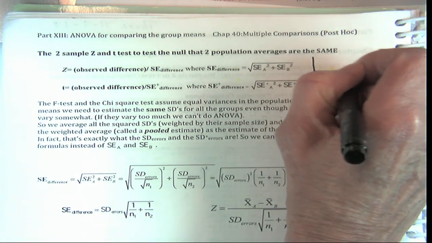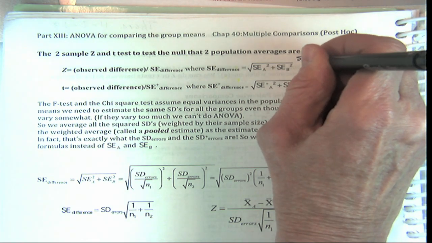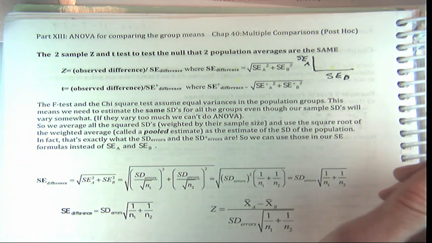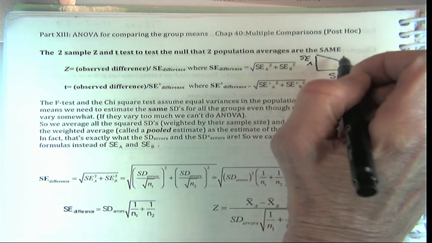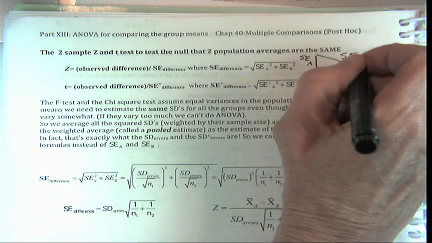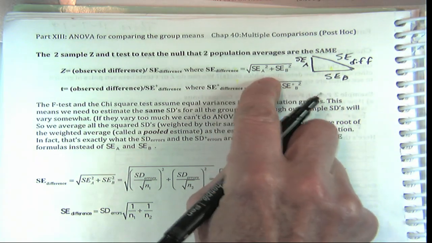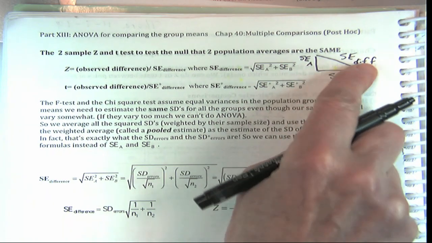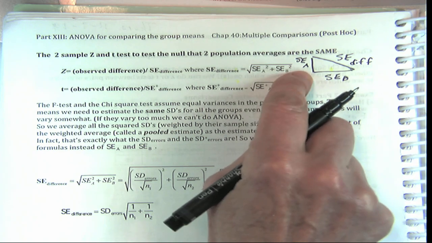You combine these, the standard error from one, let's say from A, and from B, we did this before just with our two samples z-test, and say the way we combine them, this is the standard error of the difference, is by the square root of the sum of their squares. So this is bigger than either one of them, but smaller than the sum of them. Okay, so we've done that.